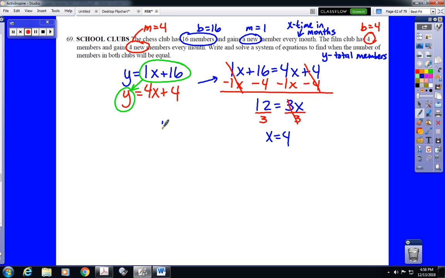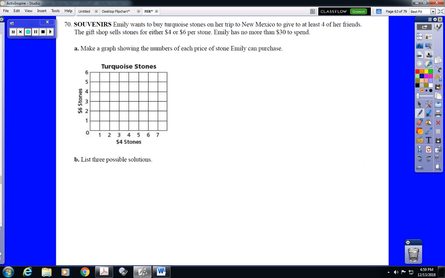So we're done here. We would say 4 months. We don't need to solve for y to answer the question. We could plug that in and figure out that in 4 months these will both have 20 members. That's when they'll be equal, when they both have 20 members 4 months from now. That does it for page 13.